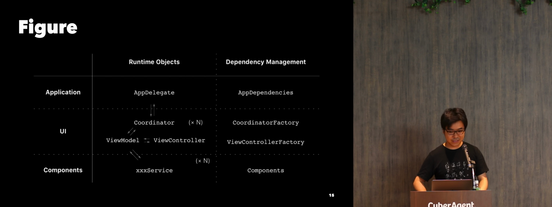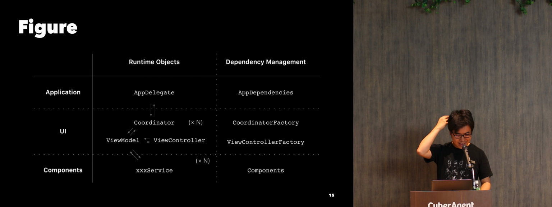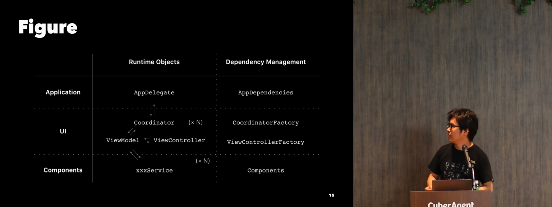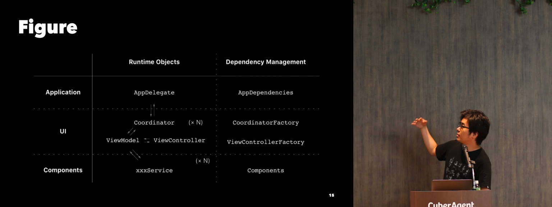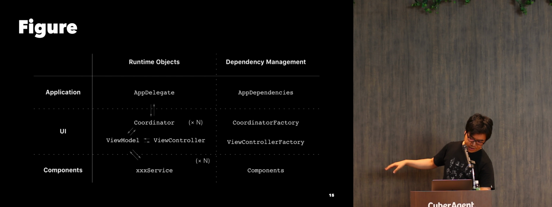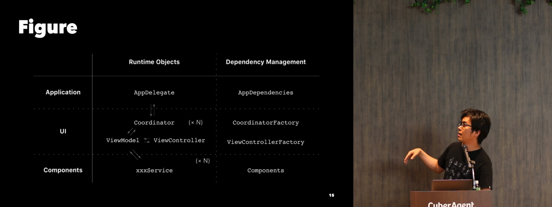So it might look a little bit complex, but it can be summarized into one figure like this. Every object is categorized into three layers: application, UI, and components. The app delegate belongs to the application layer, and the coordinator, view model, view controller, or anything that relates to UI belongs to the UI layer.